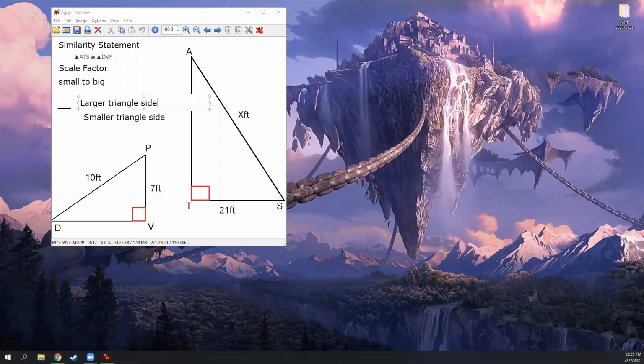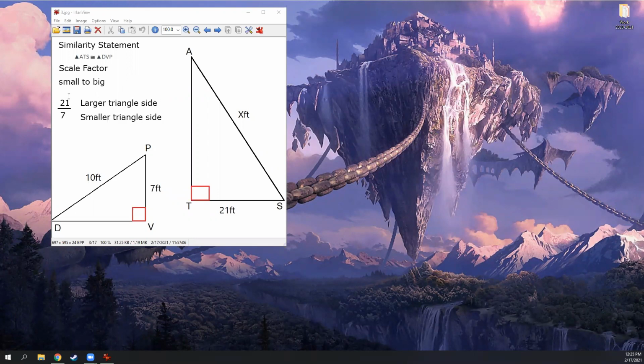So we've worked that out. We were already comparing 21 and 7, so the larger triangle side is 21. The smaller triangle side is 7. So we've got that set up.